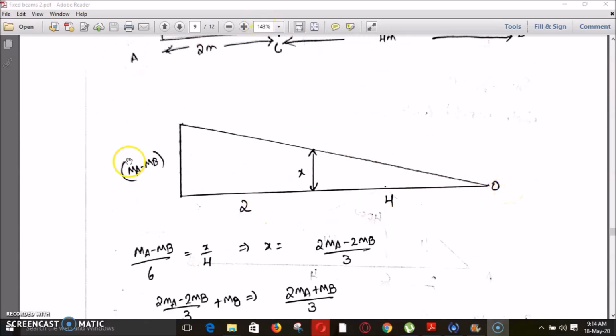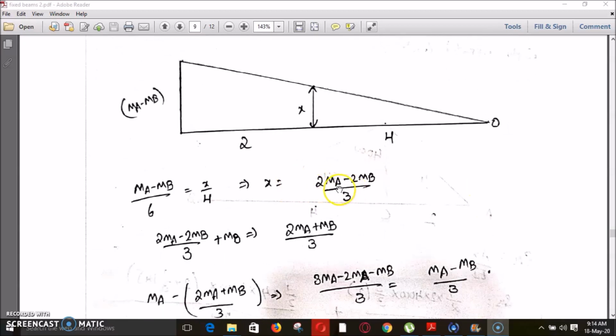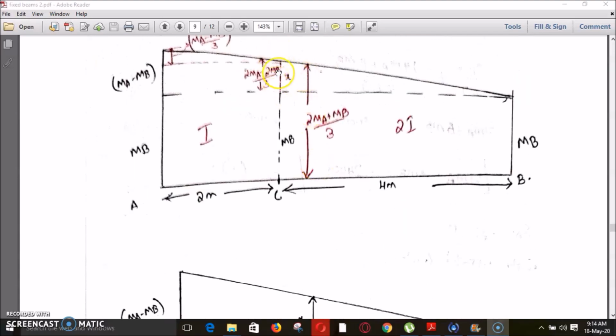So by taking similar triangles, MA minus MB divided by this total span 6 is equal to X divided by this span, that is 4. So by solving this, we will get X value as 2MA minus 2MB by 3. Clear? So this value is 2MA minus 2MB by 3.